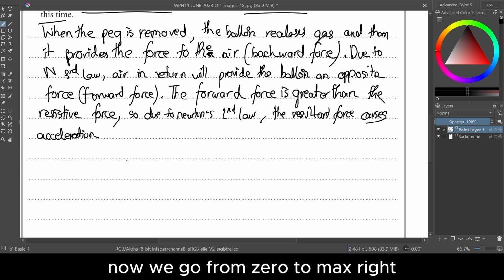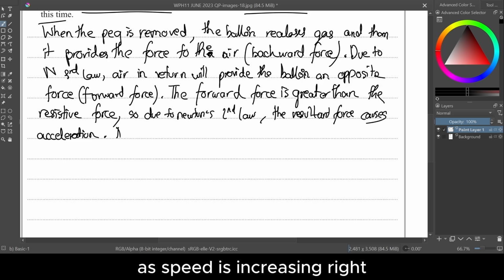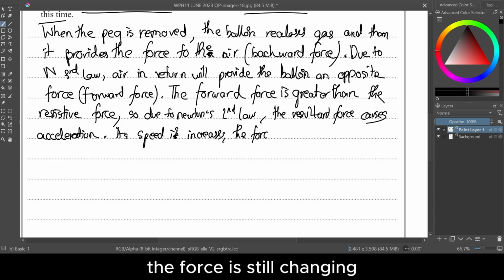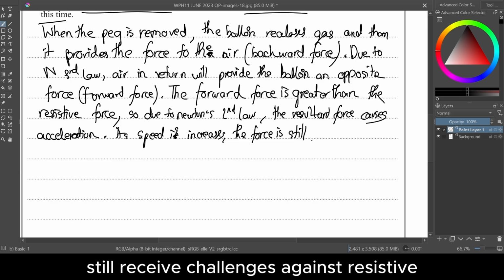Now we go from 0 to max, right? So the speed is increasing, right? As speed is increasing, the force is still changing, meaning the balloon will still receive challenges from the resistive force, right?